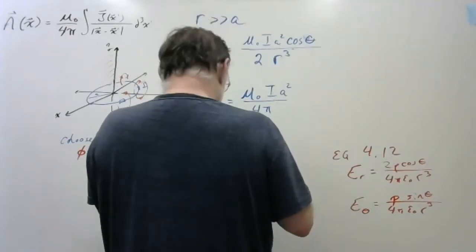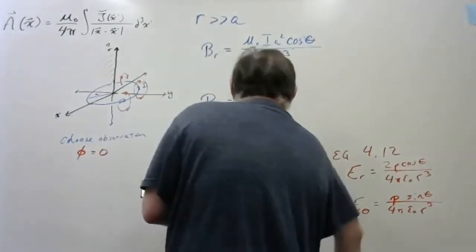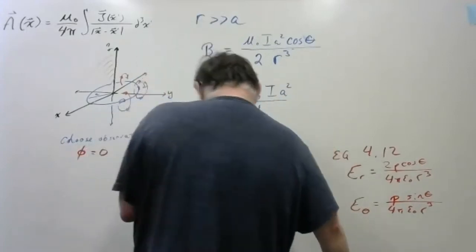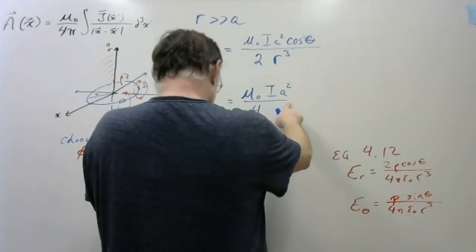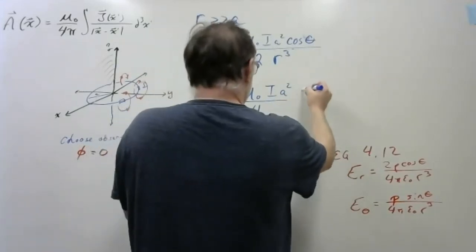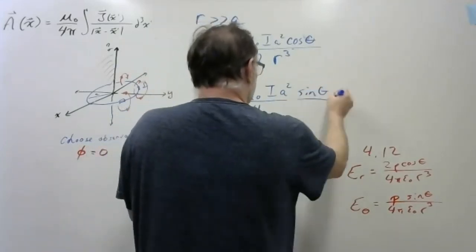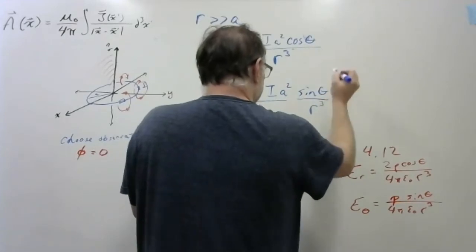Oh, I forgot my pi's in this, didn't I? Okay, all right. So over 4 pi, I a squared sine theta over r cubed.